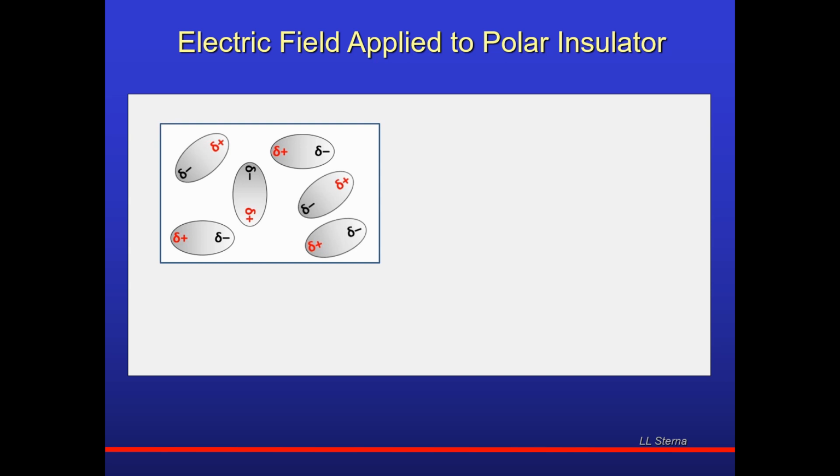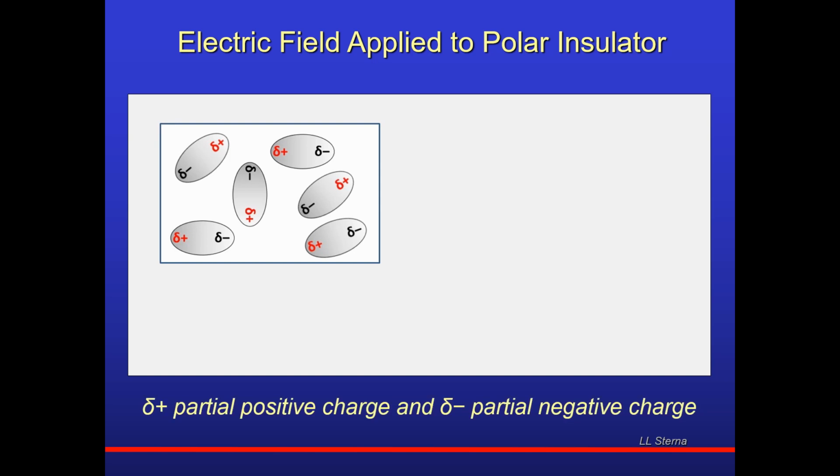That's indicated by these objects here. The Greek delta, meaning a partial positive charge, delta plus, and delta minus, meaning a partial negative charge. So these molecules are said to have a dipole moment. Very common. And so you have one end of the molecule partially positive, the other end partially negative.